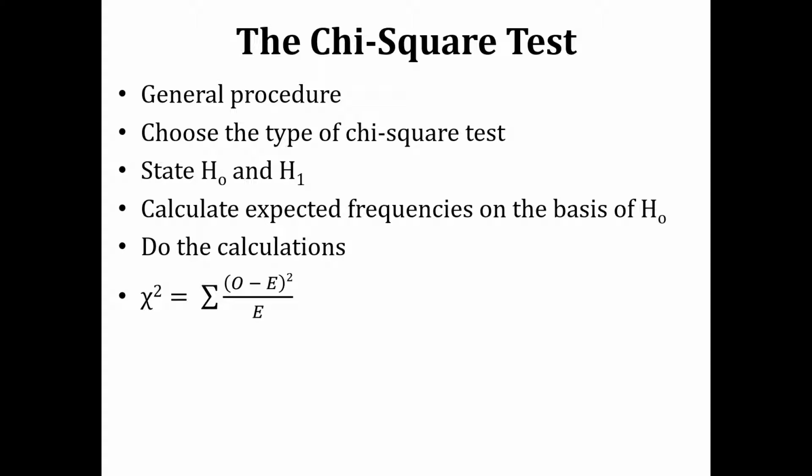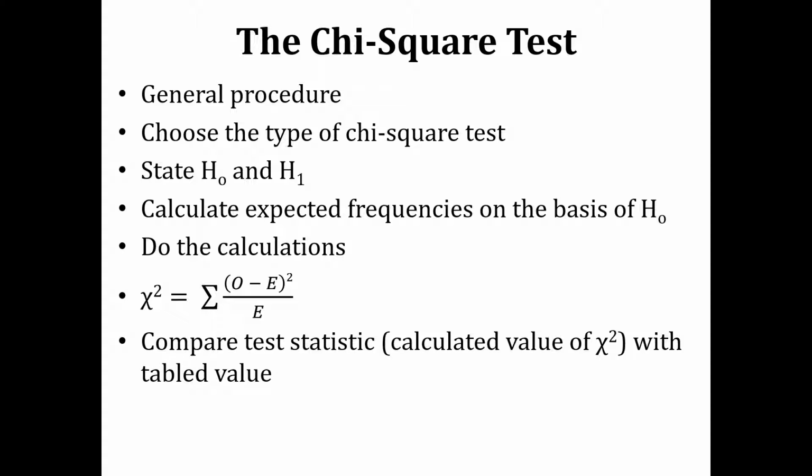Then do these calculations and calculate the value of chi-square, which is your test statistic. What is the next step when you have your test statistic? We discussed this in the previous lecture. When you have your calculated value, you compare it with the tabled value of that specific test.